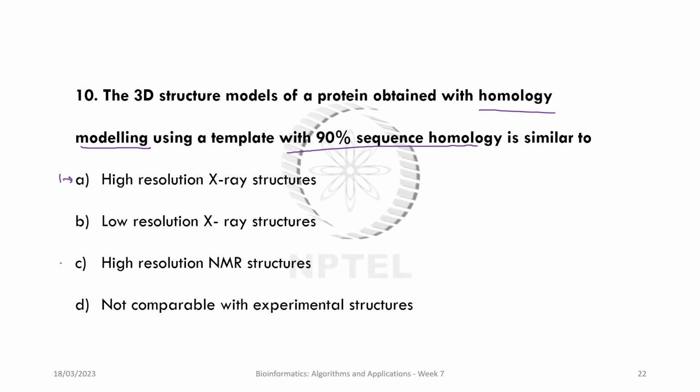Vijayanta says C. What about B and D? Shira goes with C.